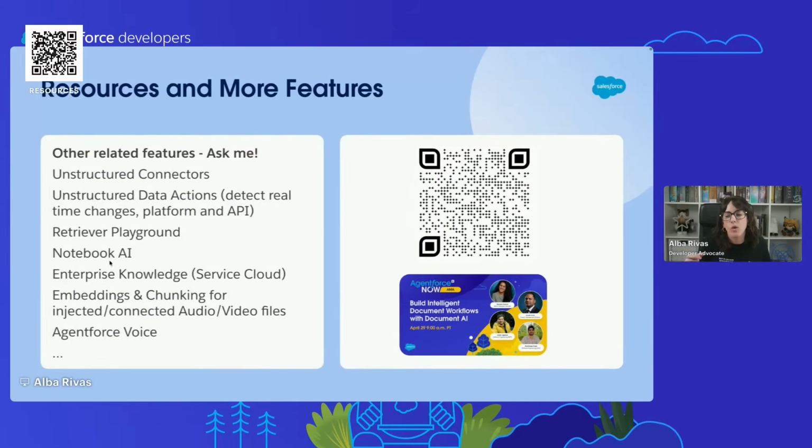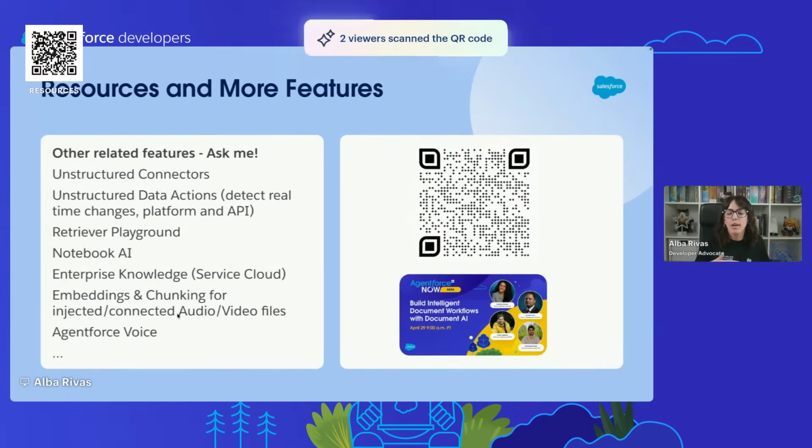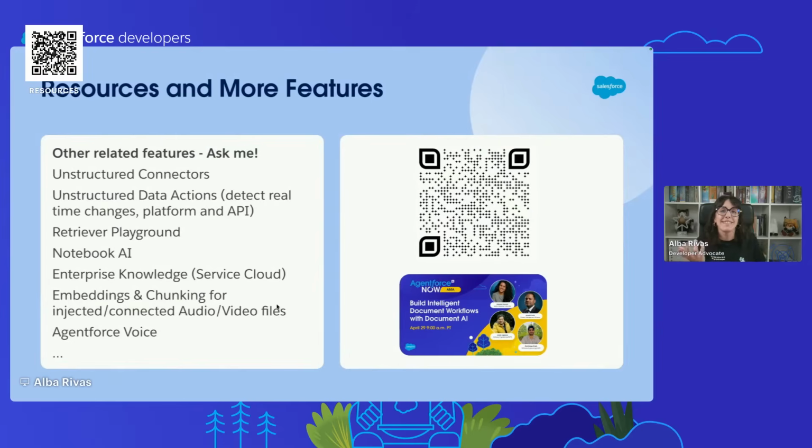There's something really cool coming called Notebook AI. We have enterprise knowledge, and there was a question about video before. So we're working on embedding chunking for other types of unstructured data formats. Okay, and of course, Agentforce Voice is also a way of working with unstructured data and unlocking your unstructured data, because audio again is an unstructured data format.